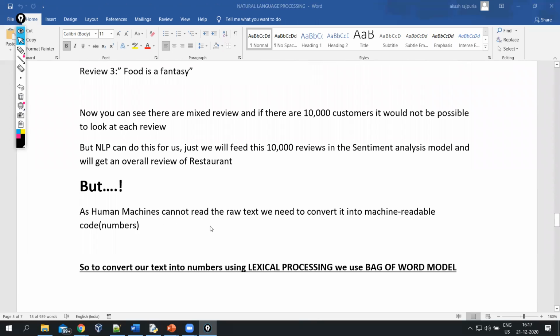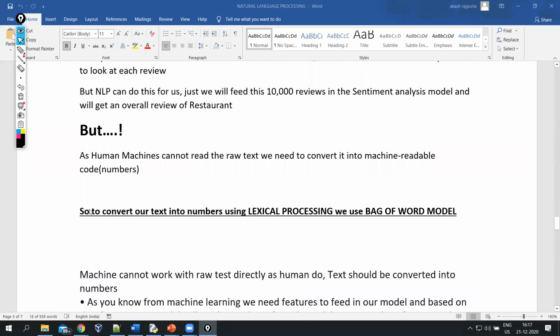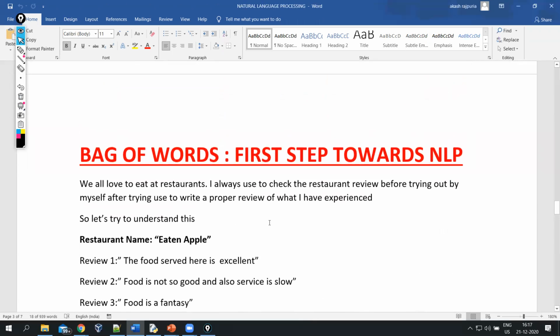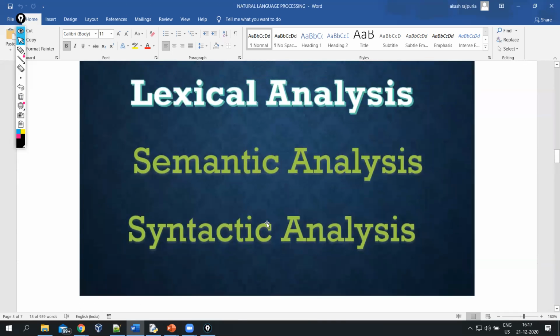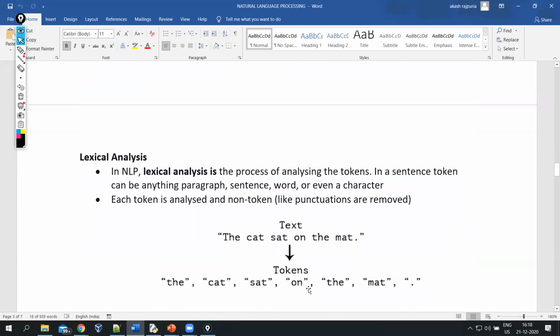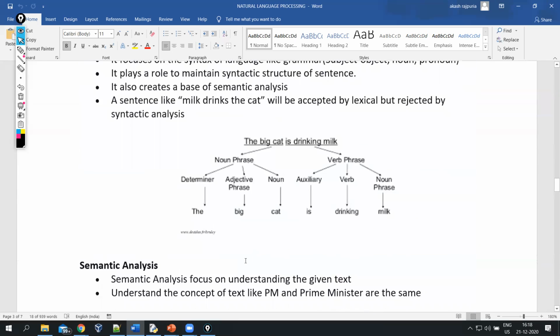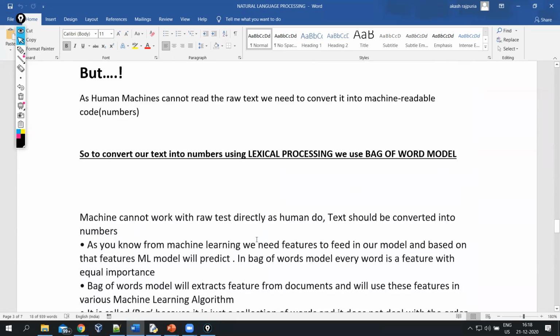As a machine cannot read raw text, it needs to be converted into something machine readable, that is numbers. To convert our text into numbers, we will use lexical processing. Like I explained, the first part is lexical processing, lexical analysis, that is tokens. And we will see how a machine can understand your text in a very good fashion.